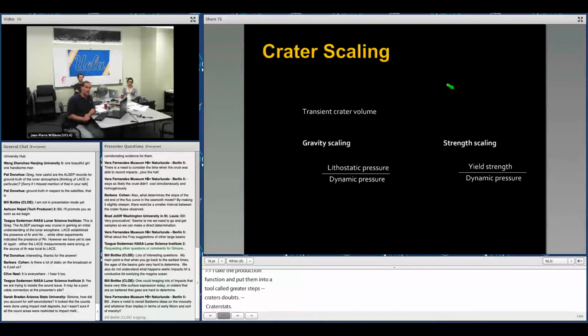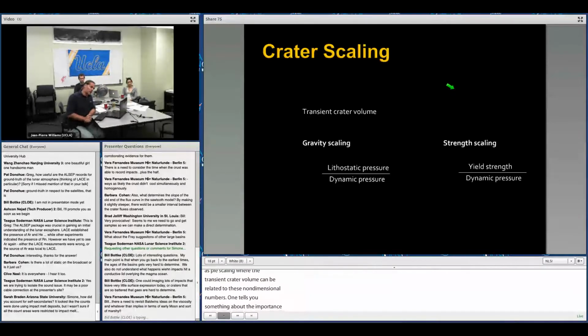Basically, there's an equation here that's missing, so I'll quickly describe it. The crater scaling I'm using is referred to as the pi scaling, where the transient crater volume can be related to two non-dimensional numbers, one which tells you about the importance of the gravity scaling, and one about the strength scaling.